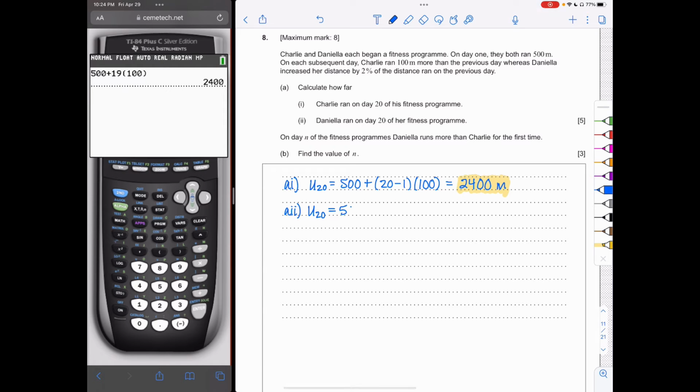So I'm going to have 500 times r, which is 1.02, to the power of 20 minus 1. So once I do that, and I know 20 minus 1 is 19, that's going to be approximately 728 meters there.